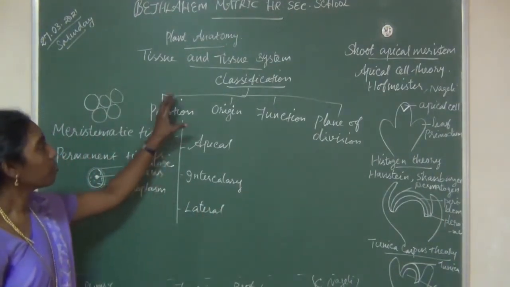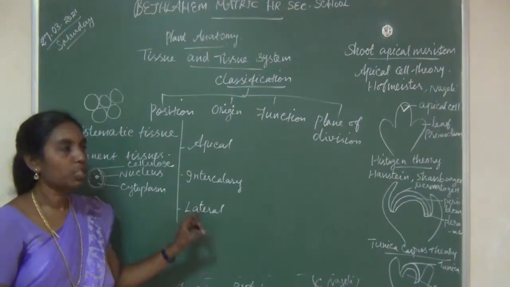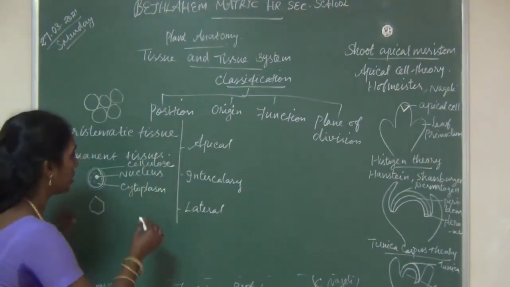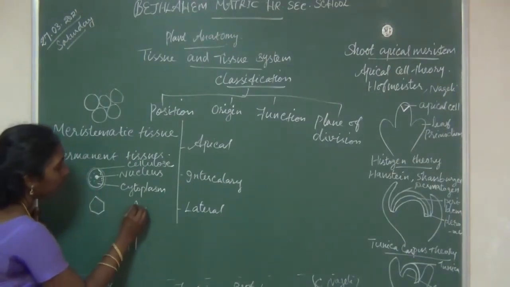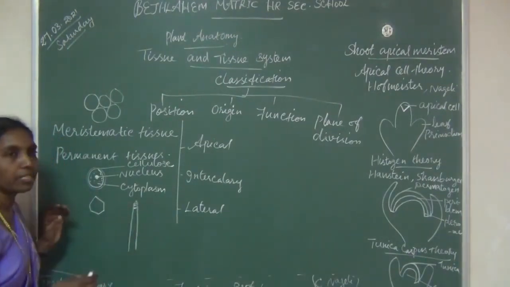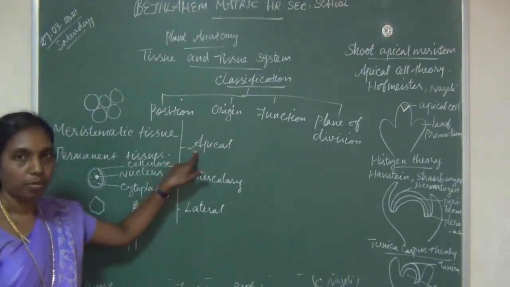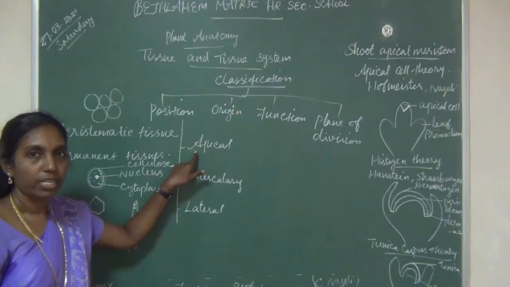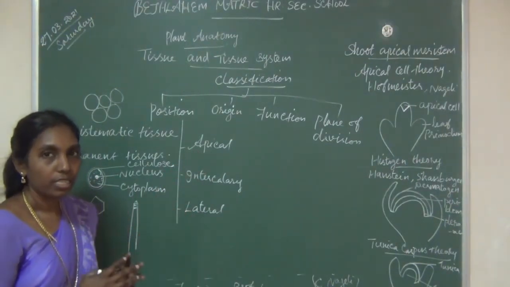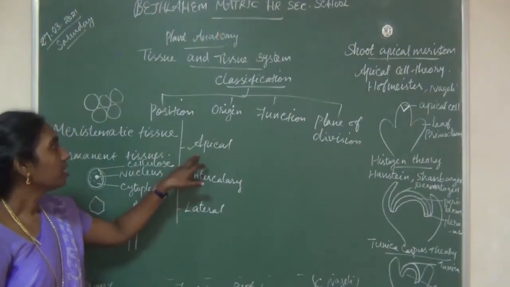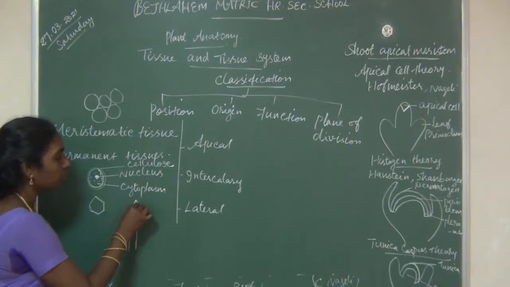The meristematic tissue which is positioned in the apical regions, the apices, either the shoot apex or the root apex, is the apical meristem. These cells are dividing cells, so it helps to elongate. It helps to enlarge the cells, tissues and the plant part, mainly in the apices of the shoot as well as the root.